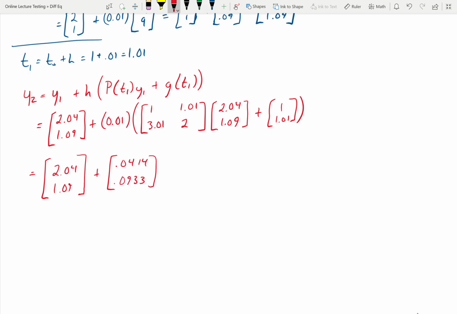So in the end, we found out y2 is equal to 2.0814, 1.1833.